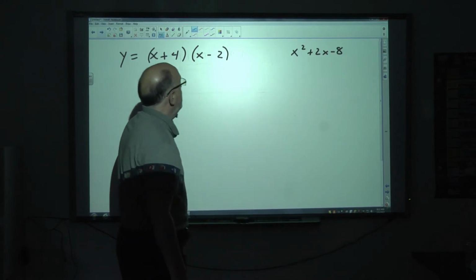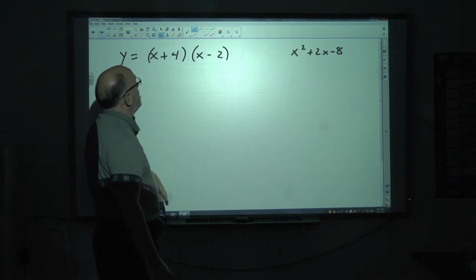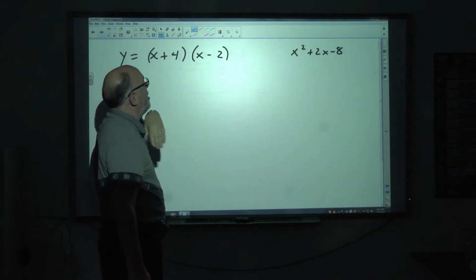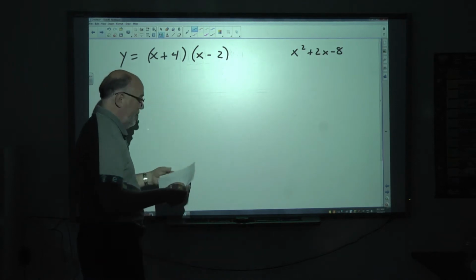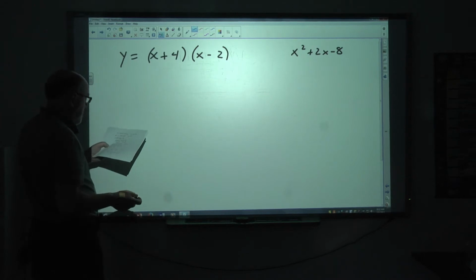In terms of FOIL, x times x is x squared, 4 times x is 4x, minus 2 times x is minus 2x, so that's why we got the positive 2x, and 4 times minus 2 is minus 8.